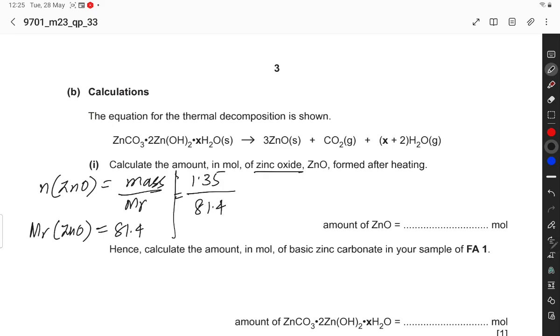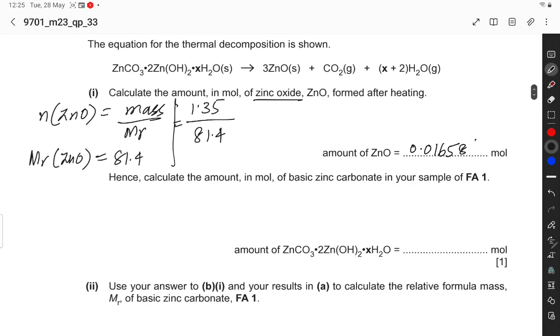This is equal to 1.35 divided by 81.4, which is equal to 0.0165, and this is 0.01658.